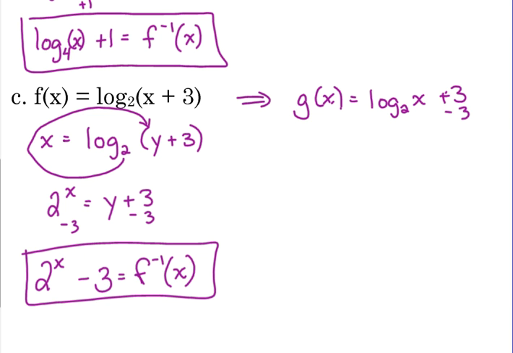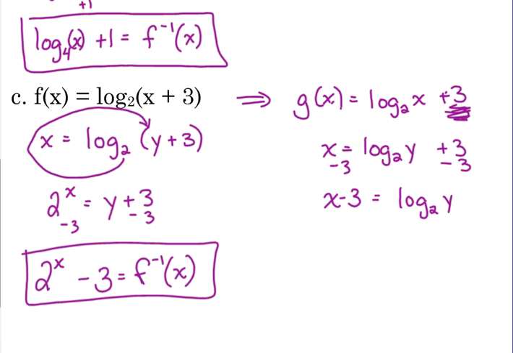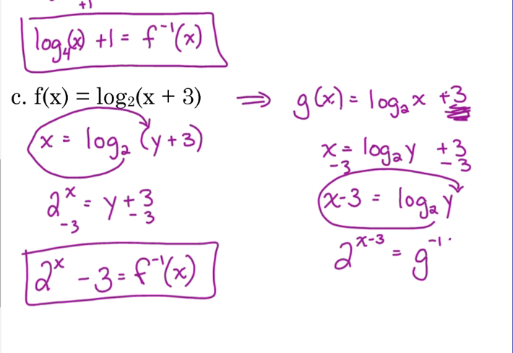So we would have had to, well, I haven't switched my x's and y's yet, but we would have had to subtract the 3 first, then write it in exponential form. Okay, so a slight difference in how you start makes a difference in what your inverse looks like.